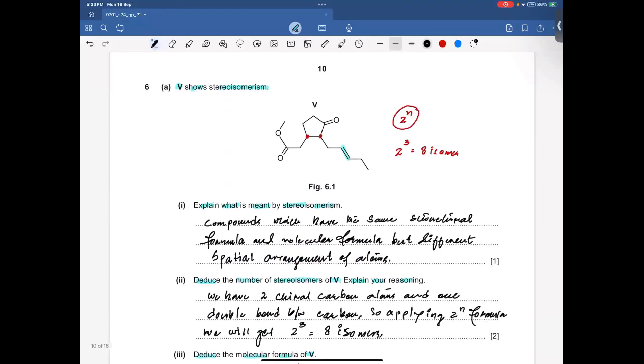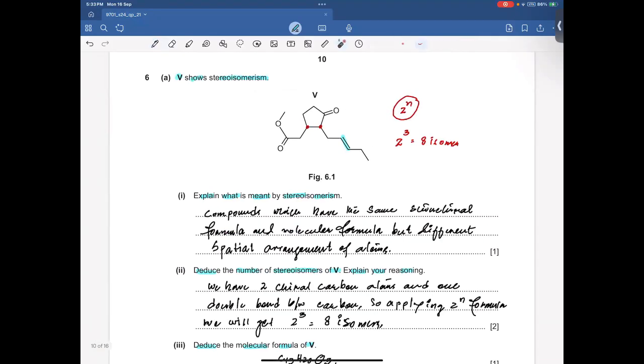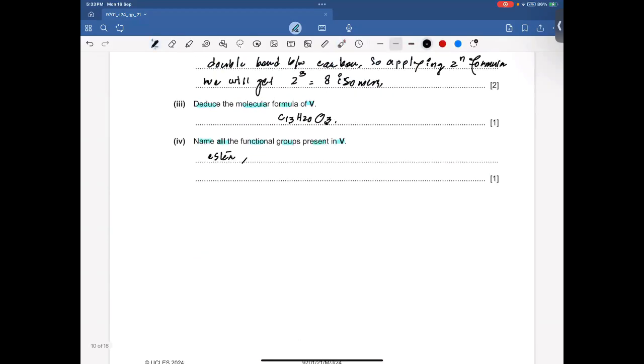And how many oxygen atoms? 1, 2, and 3. Okay, next is name all the functional groups present in V. So first of all, we have ester, that's the ester linkage. We have ketone, and we have alkene. Okay.